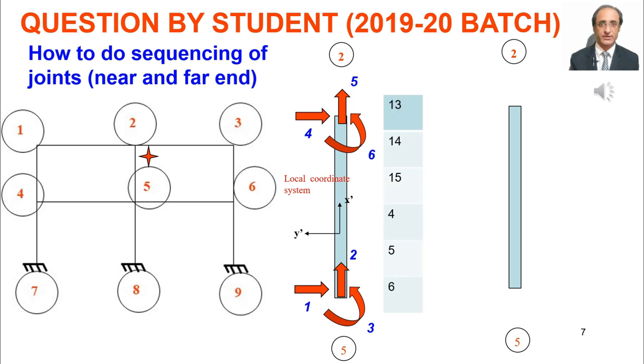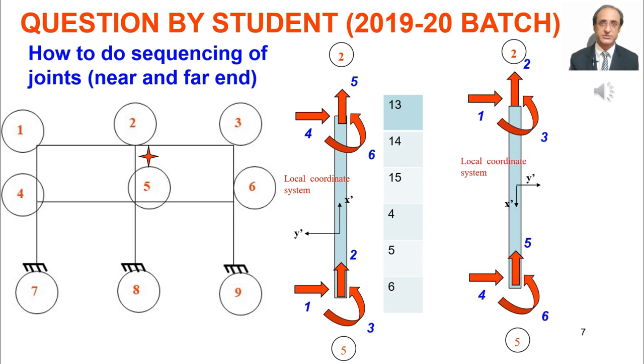But if you have defined it the other way, meaning you are defining your local x-axis downward, now where will your y-axis be? Because the local z-axis has to go out, by the right-handed rule, where should your local y-axis be?